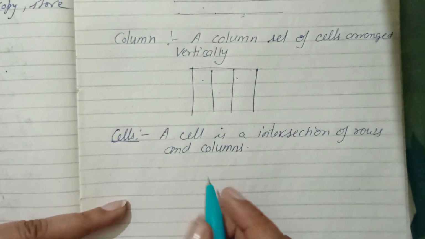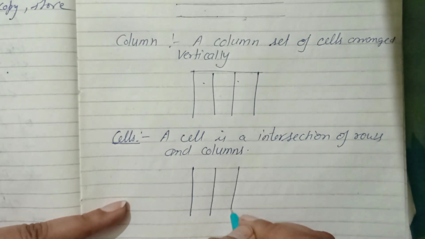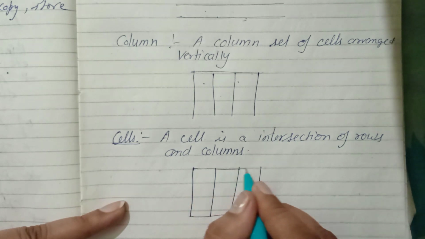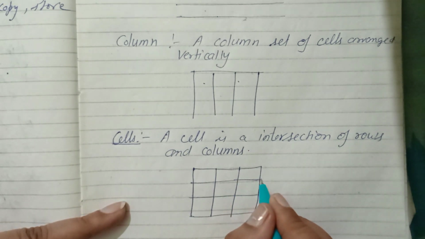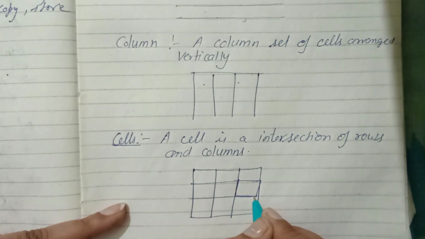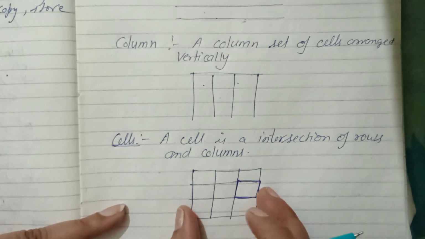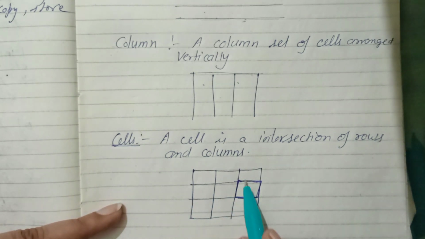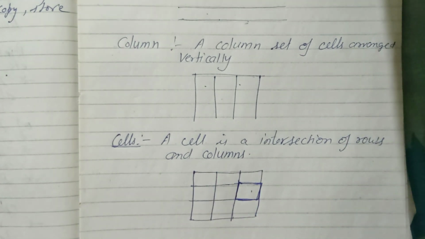Meaning to say, when we arrange data in this form, in the form of a table, this part of the table is called a cell. ये क्या कहलाता है? सेल कहलाता है. And what is this? This is the intersection of rows and columns. A cell is the intersection of rows and columns.